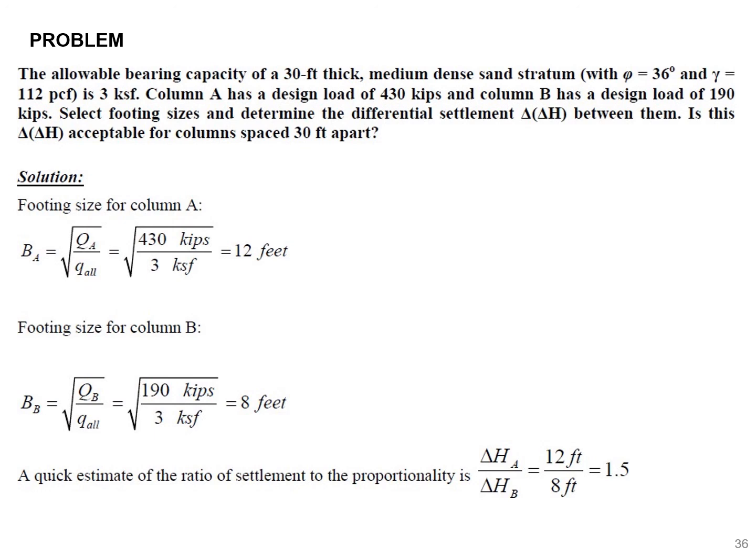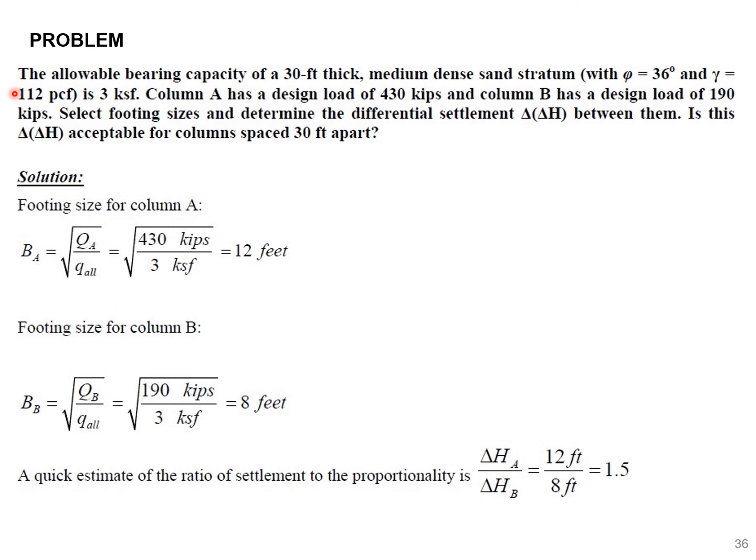This is the problem showing the bearing capacity of a 30 feet thick medium dense sand stratum with phi equal to 36 degrees and gamma 112 pcf is 3 ksf.